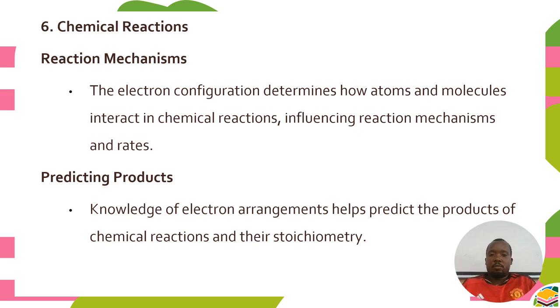The same electron configuration will tell us about chemical reactions. You may recall that electrons are the ones which are involved in chemical reactions. So by knowing the number of electrons and how these electrons are arranged, you can know the reaction mechanism and you can also predict products which are formed in a chemical reaction.